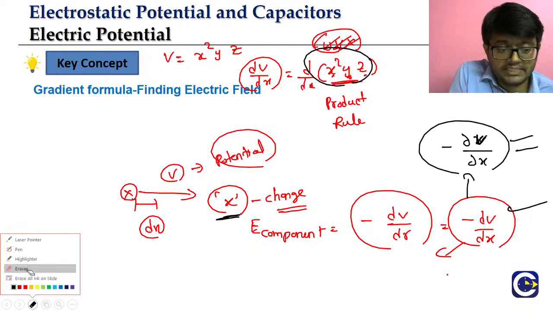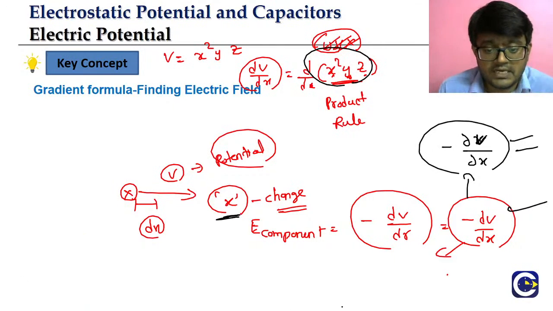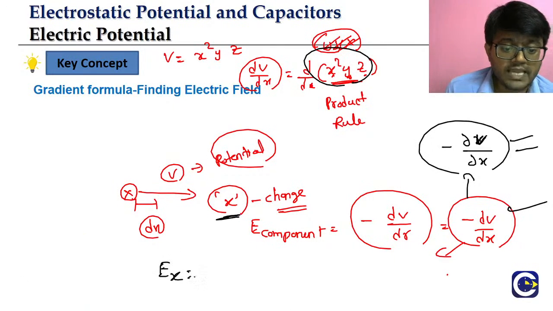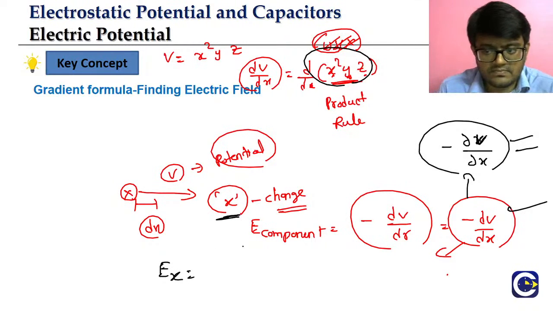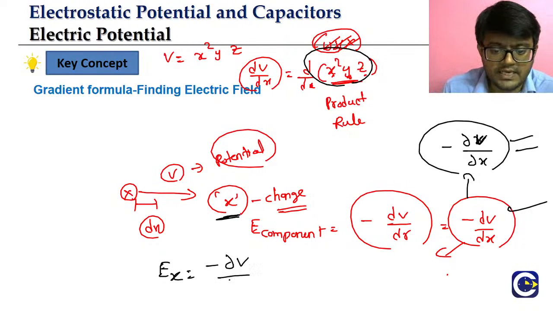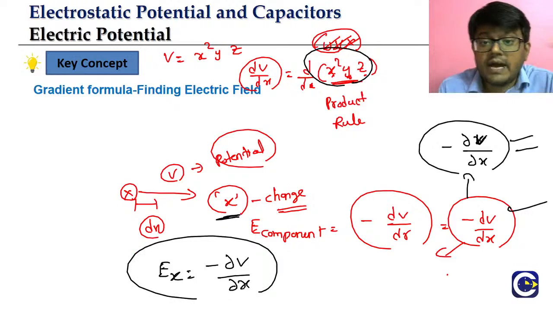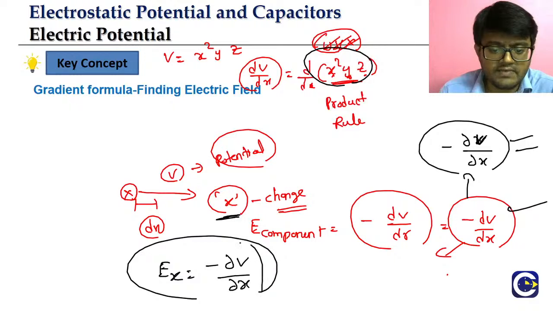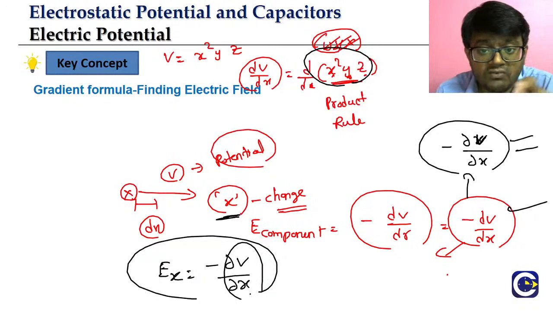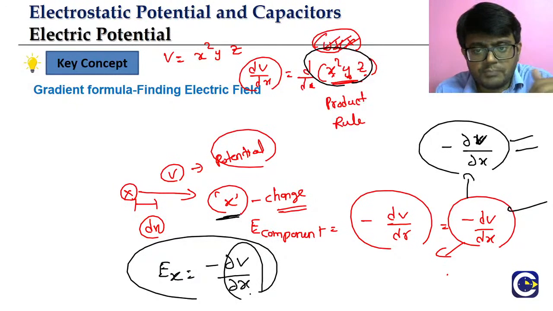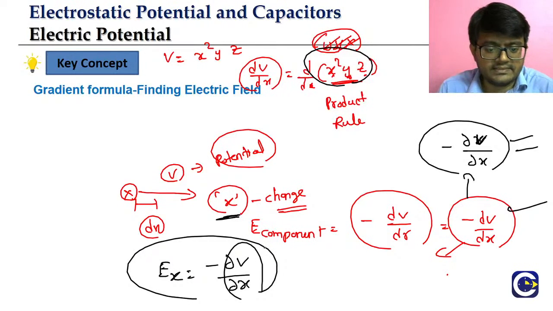Y and z will be taken as constants. So what do we get from this? The component of the electric field along the x axis is expressed as minus dou v by dou x. So this is giving us the negative of the potential gradient along the x axis.